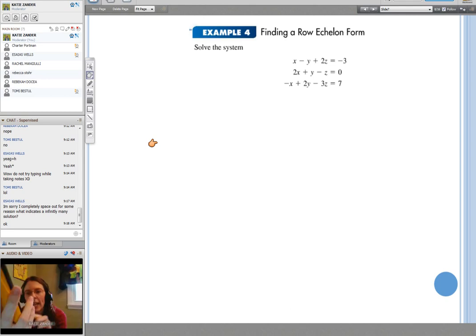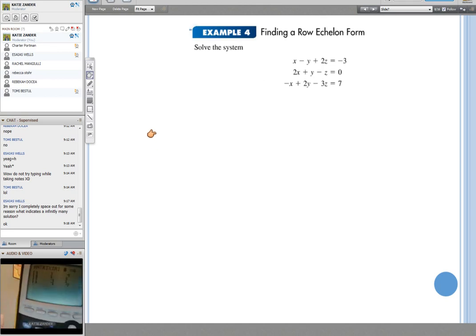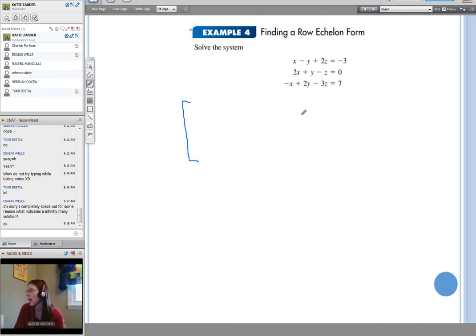I'll hit enter. When we do that, your screen will pop up, and the first thing you have to tell your calculator is the order of the matrix you want to punch in. So let's figure out the augmented matrix on the board before we punch it into the calculator.